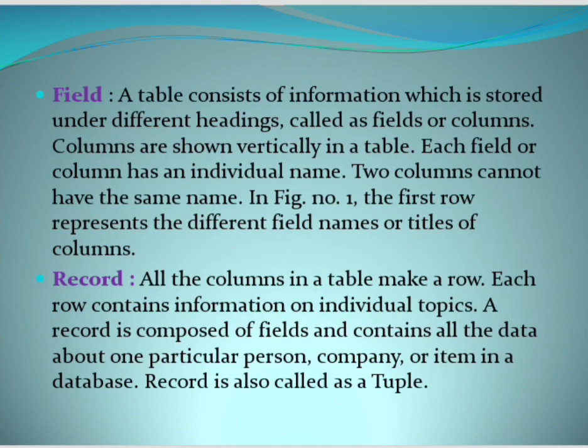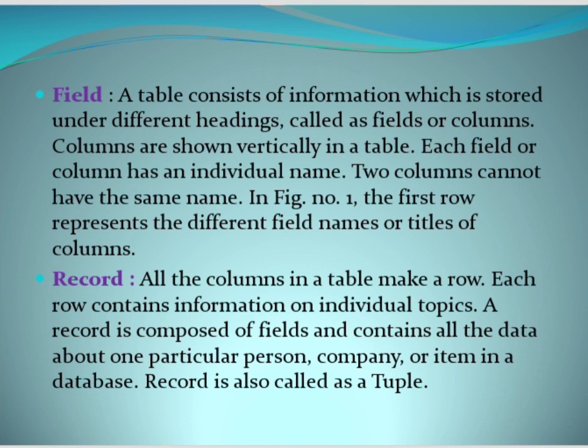Next is field. A table consists of information which is stored under different headings called fields or columns. In a fill in the blanks or single correct option question, it can be asked that a table consists of information which is stored under different headings called dash.